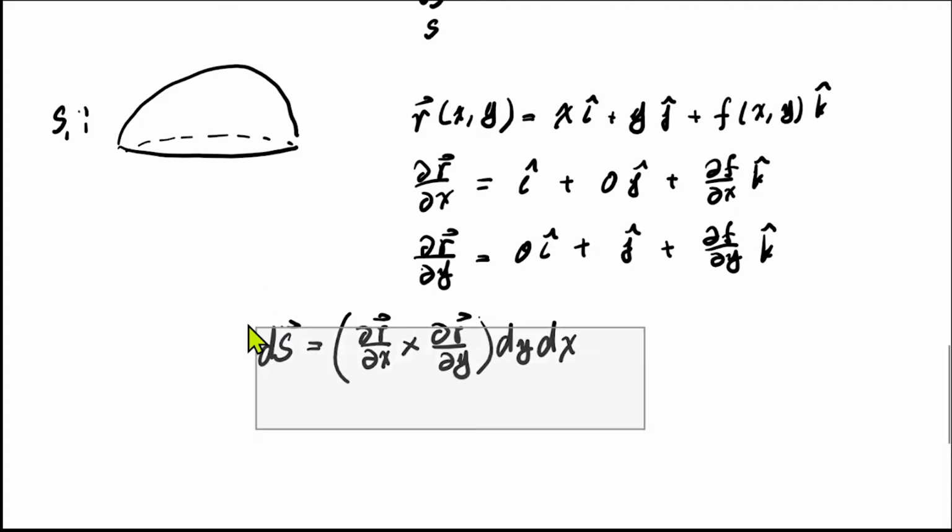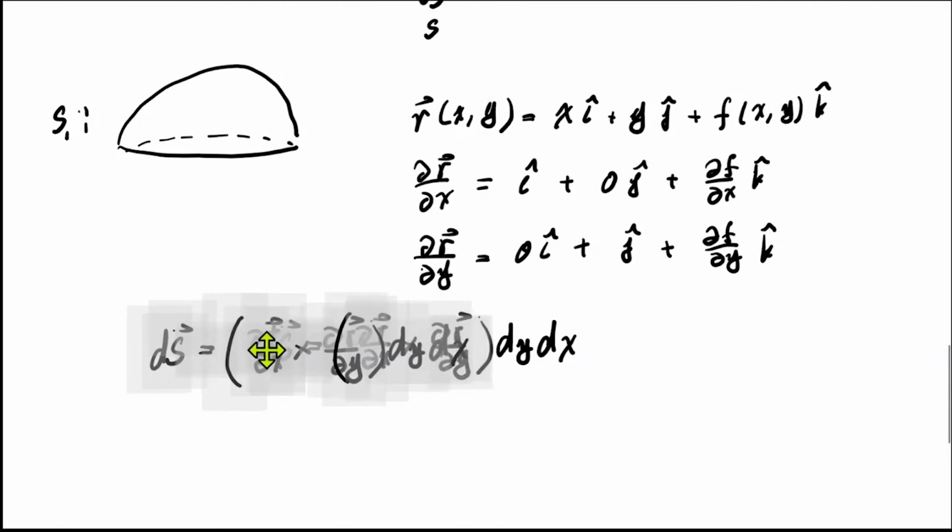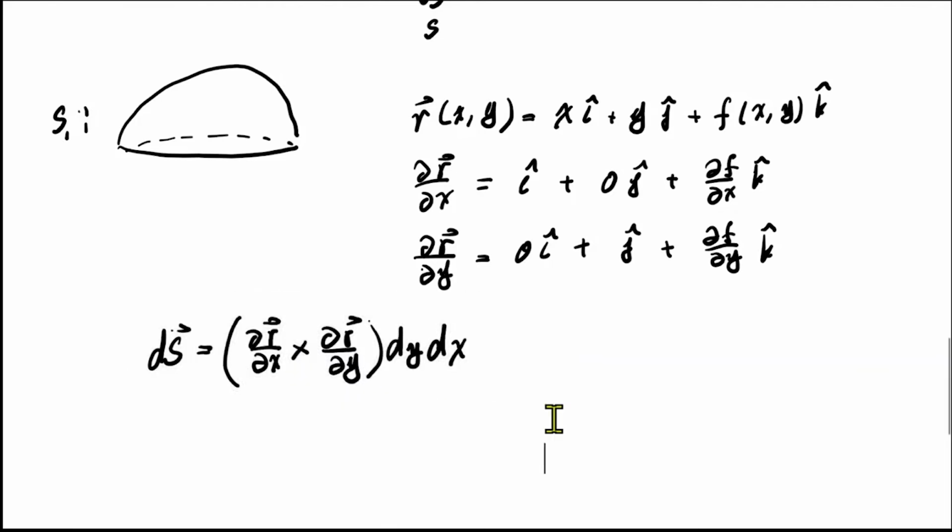So let's take a cross product. I'm going to move this over here, and we can imagine the letters i, j, k there. For the i vector, we have this minus this, so negative partial f partial x.